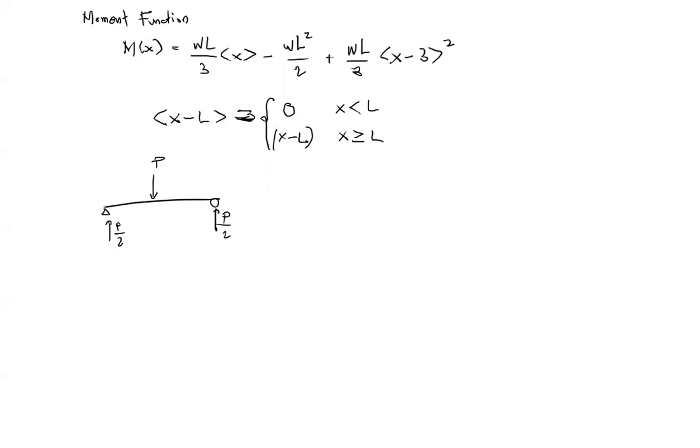So yung magiging moment function mo, pag nag-cut ka dito, is iba kumpara kung nag-cut ka dito. Kasi kung nag-cut ka on the left hand, before yung concentrated load P, ang matitira dun sa beam mo ay meron kang P over 2 right here.